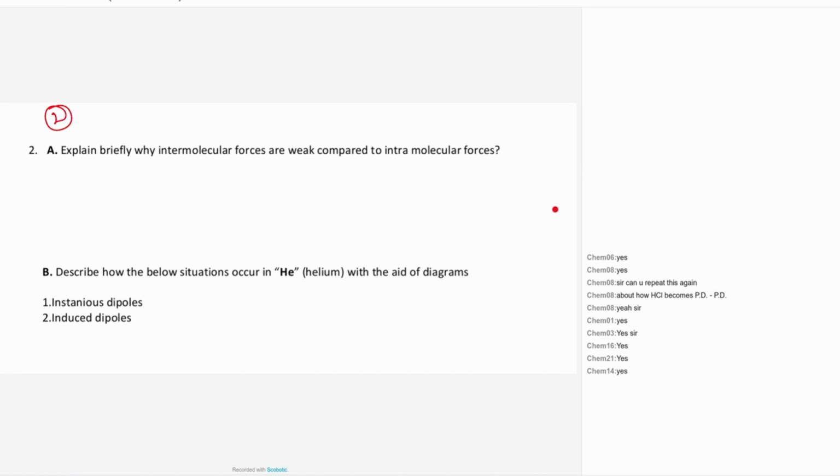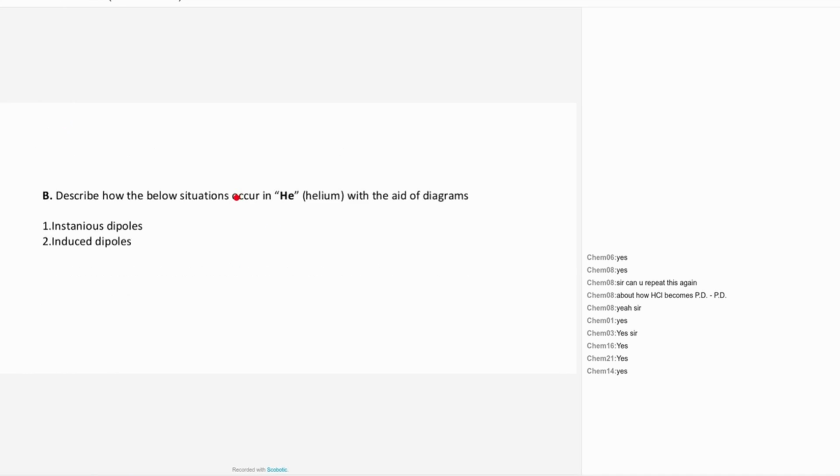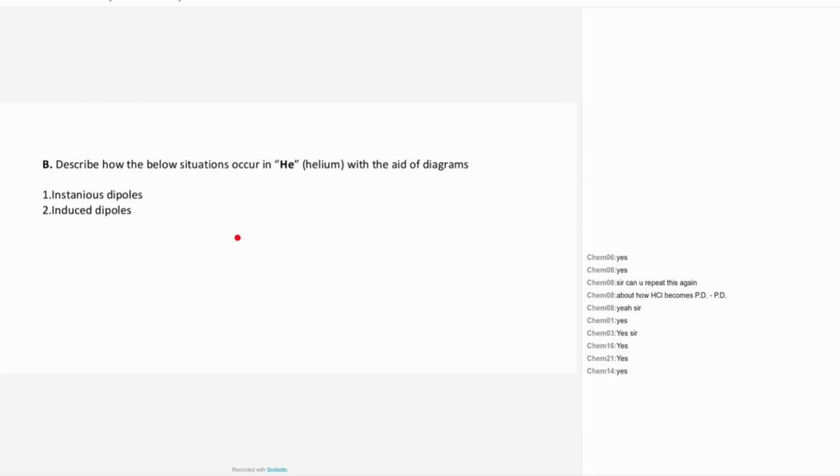Okay, is that clear? Right. Any questions? So we can mention that as well. Therefore, intermolecular force is weak compared to intramolecular force.